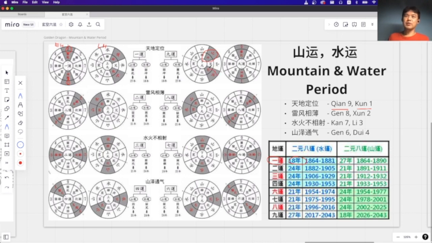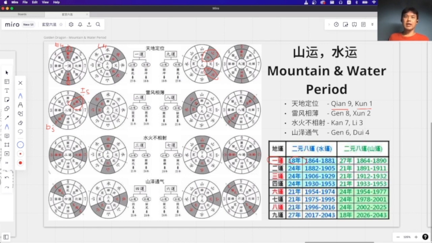So the indirect spirit is actually Qian 9. Same thing when you are in period 2. Period 2 is actually Xun. So this is the indirect spirit, the golden dragon, and the opposite will be the direct spirit.